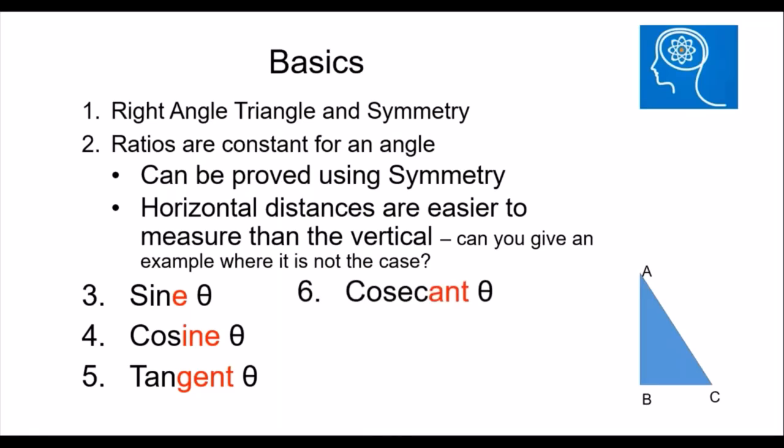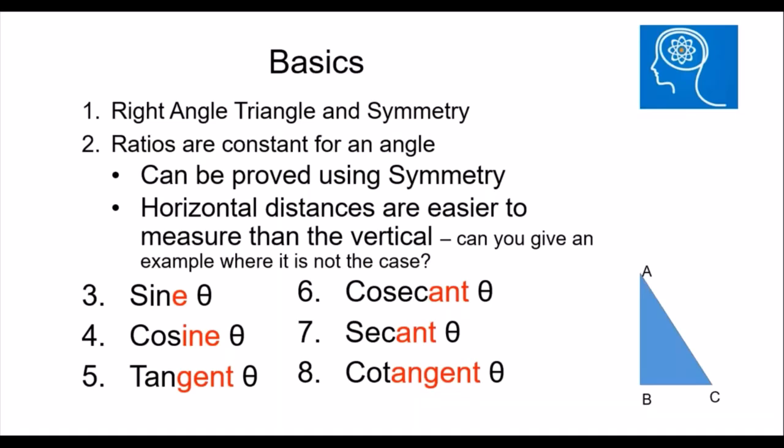What is cosecant or cosec theta? 1 by sine, which in this particular case, what is cosec C? AC upon AB. What is secant or sec theta?